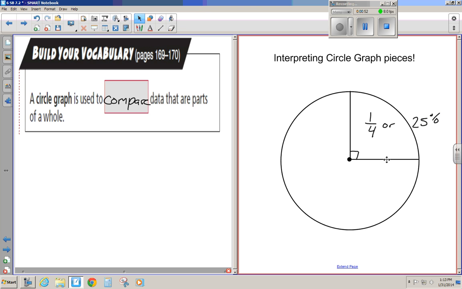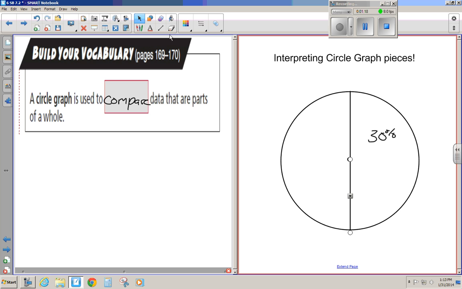So if I took this piece right here and slid it just a little bit beyond 25%, you would then say that it is possibly 30%. Anything that's just beyond 25%, you need to decide how much it is beyond it.